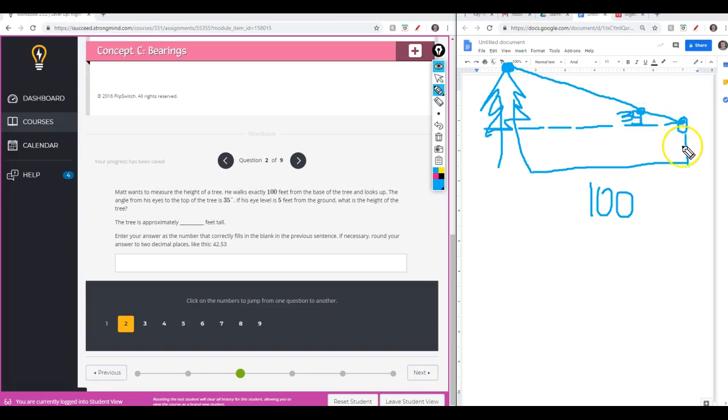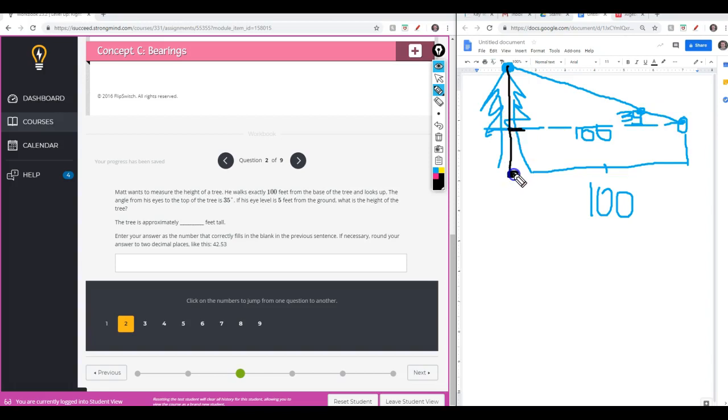And then since this right here is a rectangle, we know that this length is 100 feet because opposite sides in a rectangle are the same length. And it wants to know what the height of the tree is. Well, we have two portions of the tree. We have from the top of the tree to his horizontal line with his eye, and then we have from his eye to the ground.